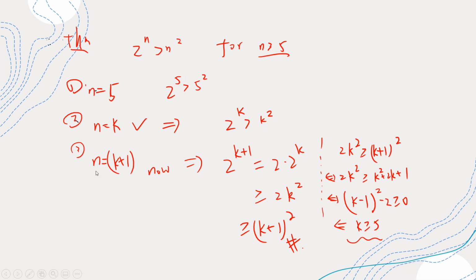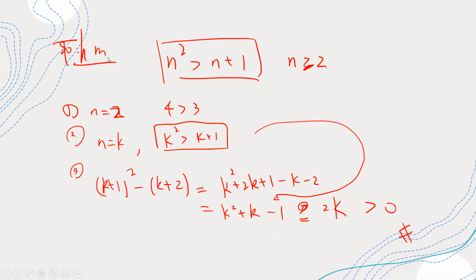Now n equals k plus 1: 2 to the k plus 1 equals 2 times 2 to the k, which is greater than or equal to 2k squared. Now the idea is that we hope to show that 2k squared is greater than or equal to (k plus 1) squared. If you expand it, then when k is greater than or equal to 5, this obviously succeeds, right? So 2 to the k plus 1 is always greater than or equal to (k plus 1) squared.